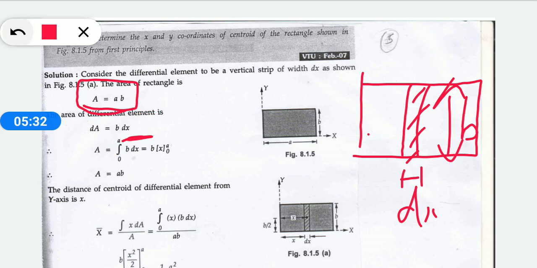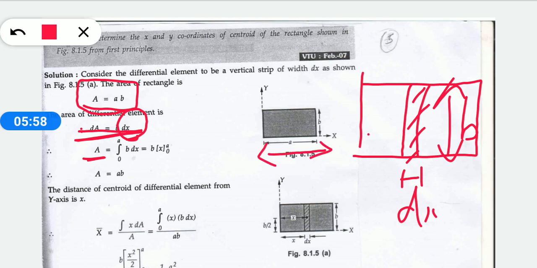After finding that, what do you have to find? You have to find a from this. How will you get a from the differentiation? We need to integrate it. If you integrate, you will get the whole value. So dA will become a, and integration, that is integral b into dx. How are we setting the limit? Since it is dx here, you have to take the limits from the x-axis.